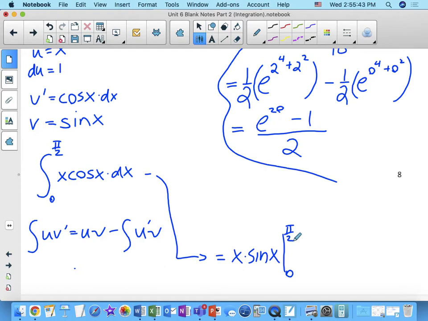And then minus the integral of u prime, which is, oh, this should be 1 dx. There we go. dx times sine x.